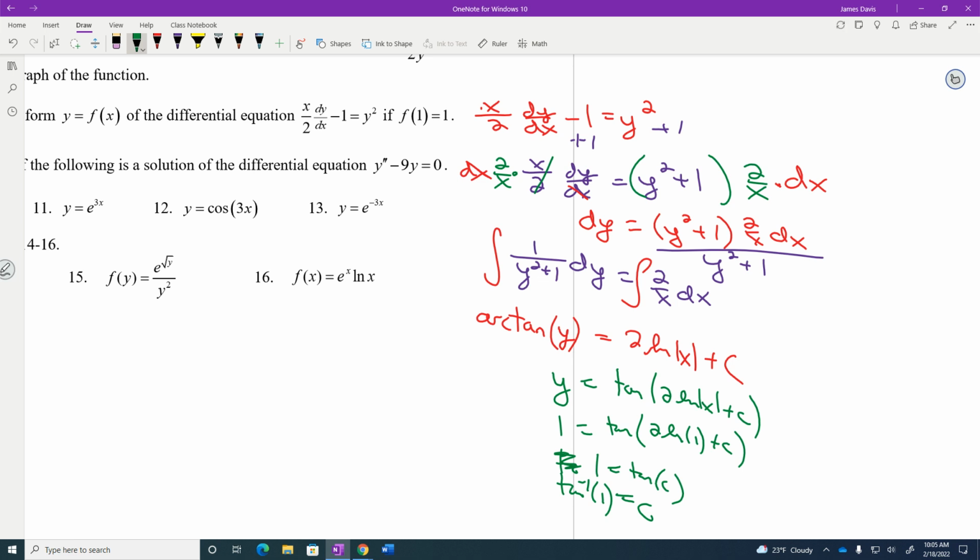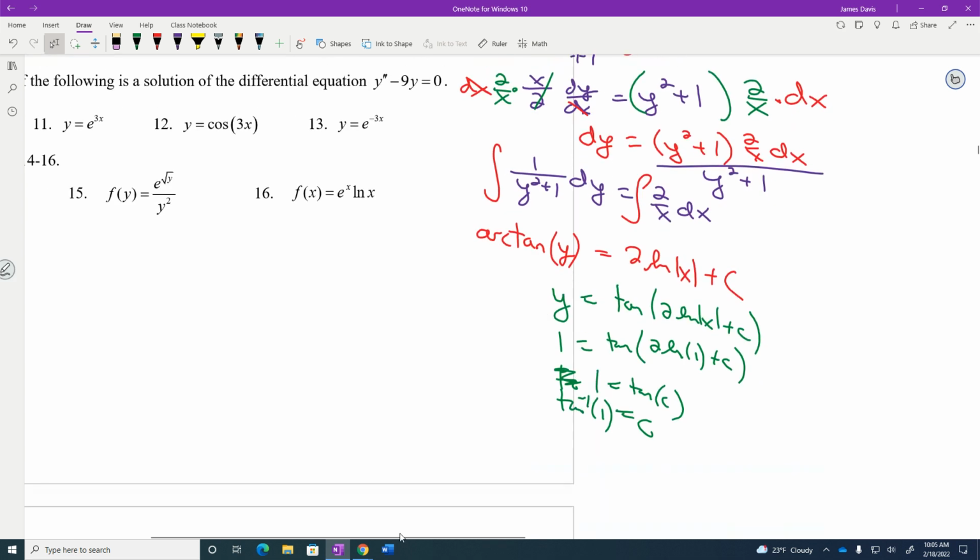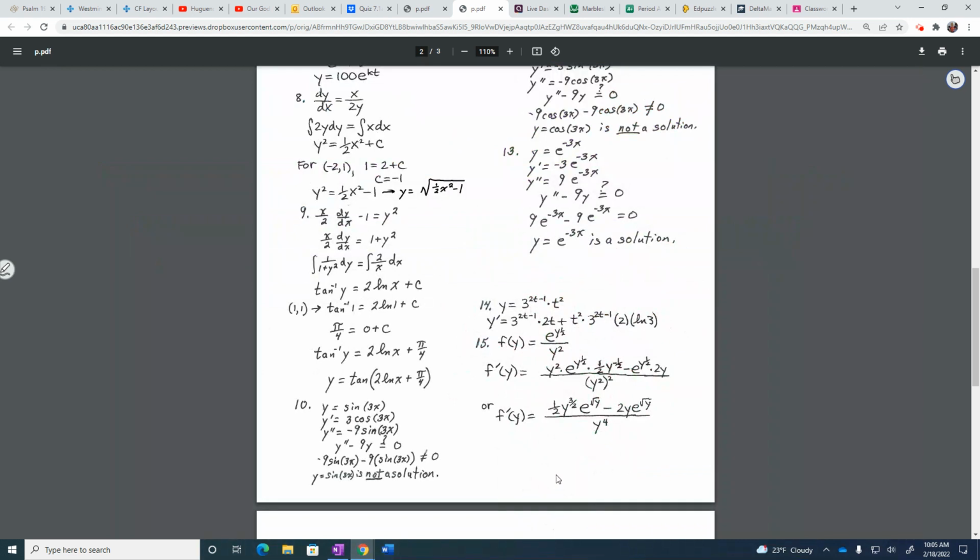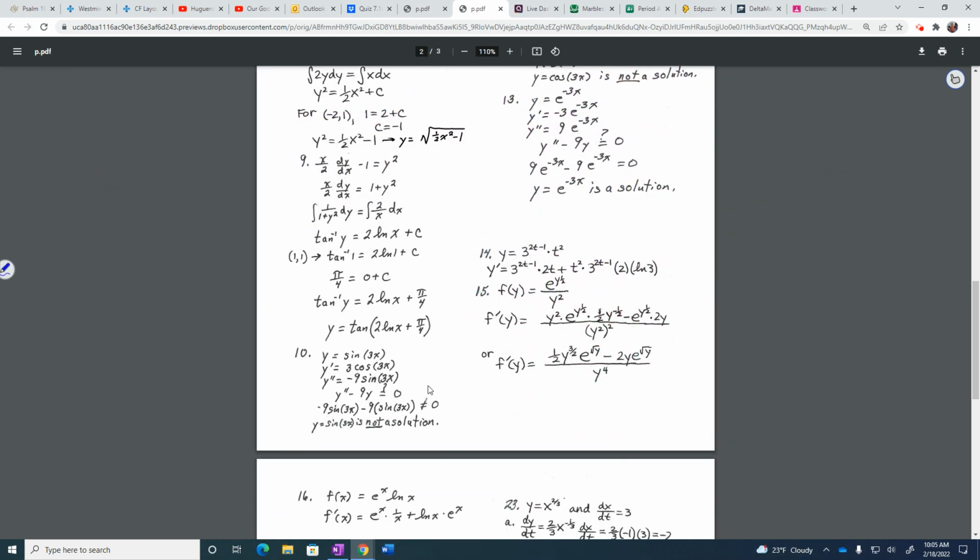This could also be 7 pi over 4. That one's a bit tricky.